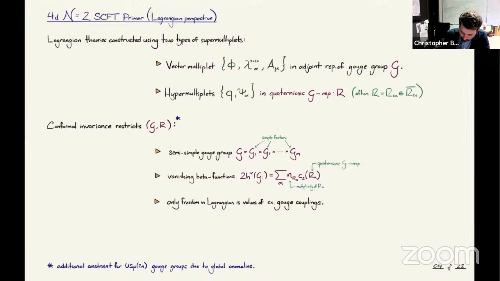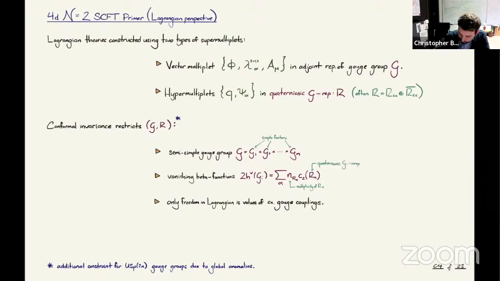There's a condition for the vanishing of the beta functions of the gauge couplings, which is the real meat of what you need in order for it to be a conformal theory. Although I'm not going to return to this equation in any detail, there's some precise characterization of what sorts of matter representations are allowed in order to have conformal invariance preserved.